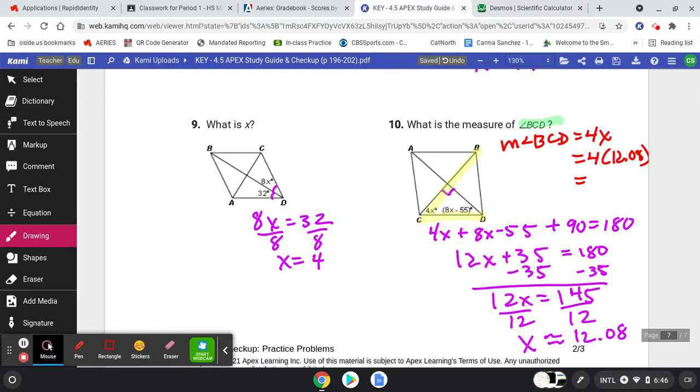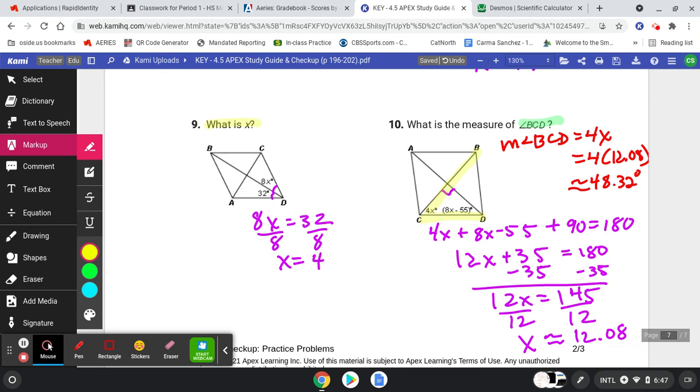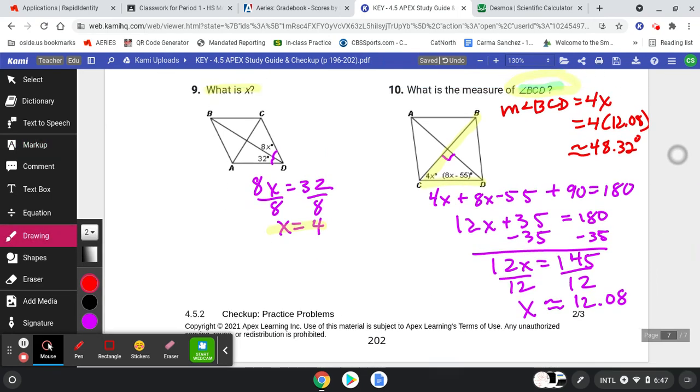We're getting 48.32. And remember that that's approximated because we rounded the other one. Okay, so be careful. If they ask for what is x, we're done with this answer. But if they ask us for the measure of an angle, you have to keep going until you have the full answer. And that's our last one.